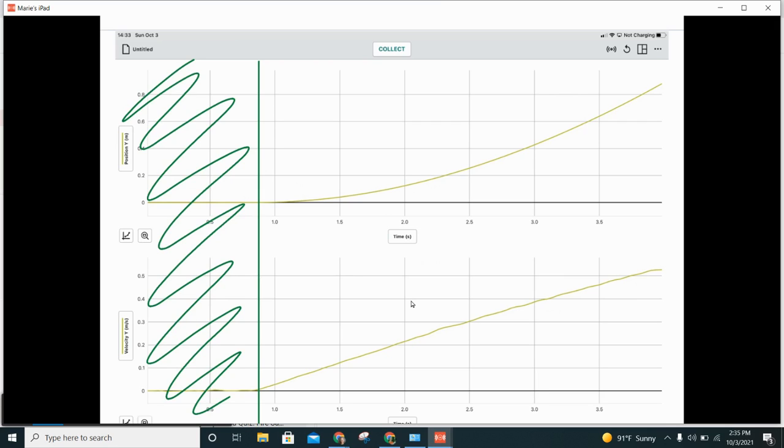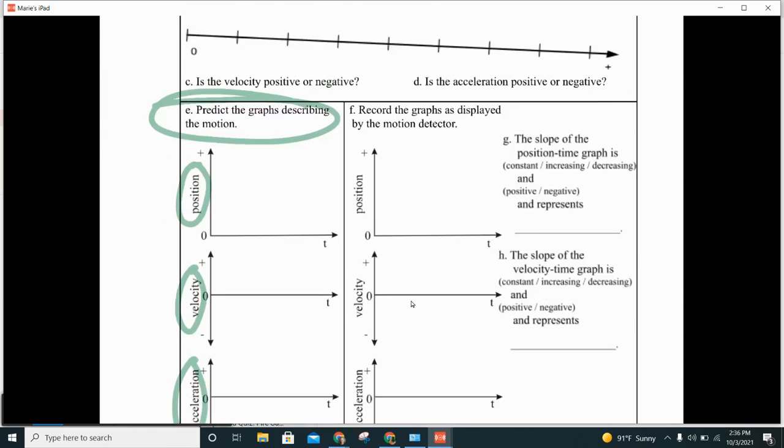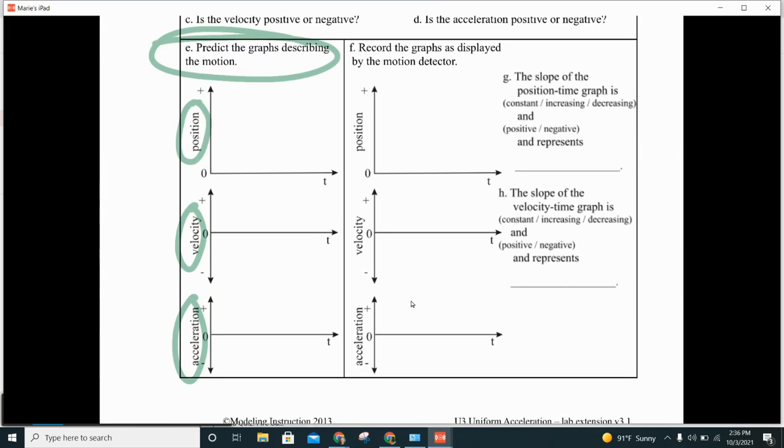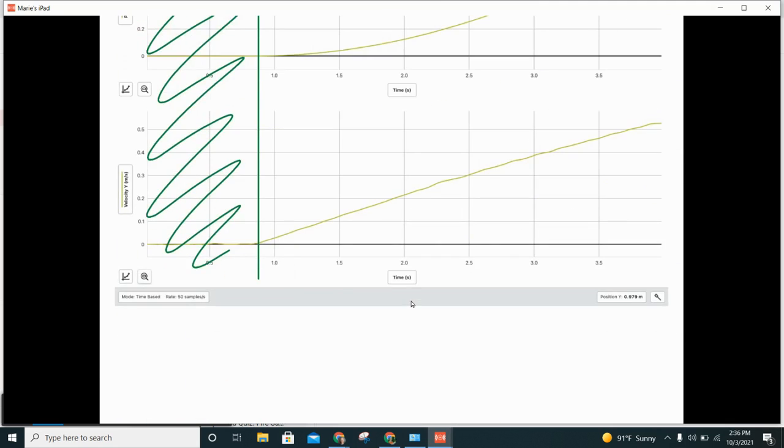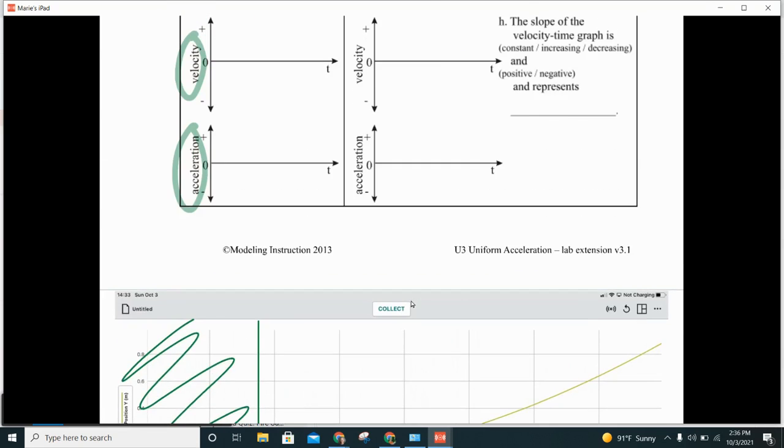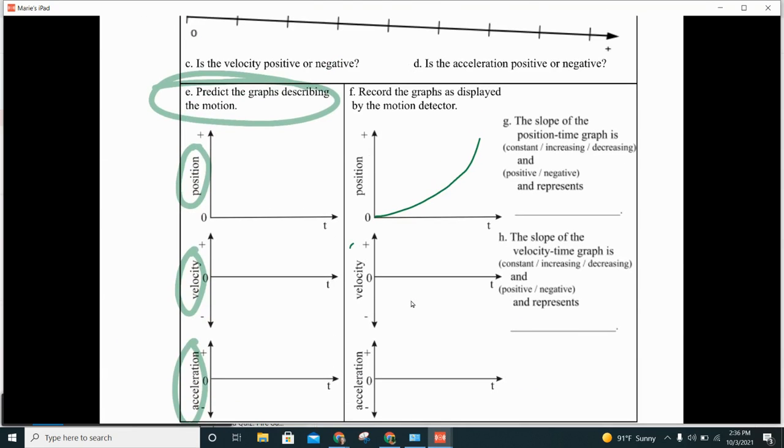For this first one, it's definitely a parabola opening upwards, so my position versus time graph is going to look something like this. My velocity versus time graph is a nice straight line going up at an angle starting at 0. So it'll look something like this.